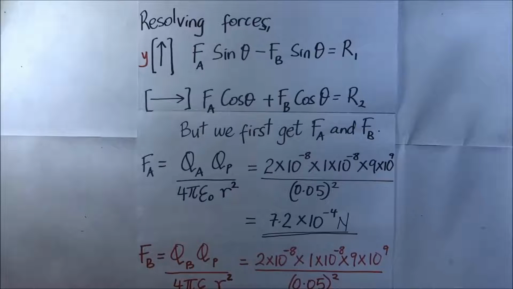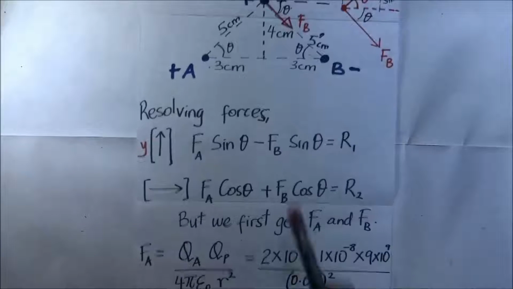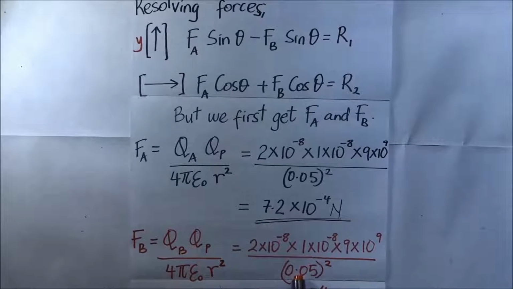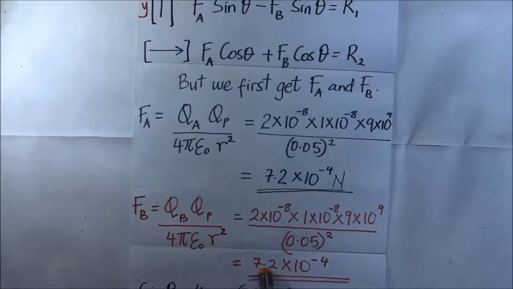The charge QB is 2 times 10 to the power negative 8, times the charge on P, which is 1 times 10 to the power negative 8, times 9 times 10 to the power 9, which is equivalent to 1 over 4 pi epsilon naught, over the separation. The separation between P and B is 5 centimeters, like we found earlier, which is 0.05 meters, squared. Our answer will still be the same, 7.2 times 10 to the power negative 4 newtons.